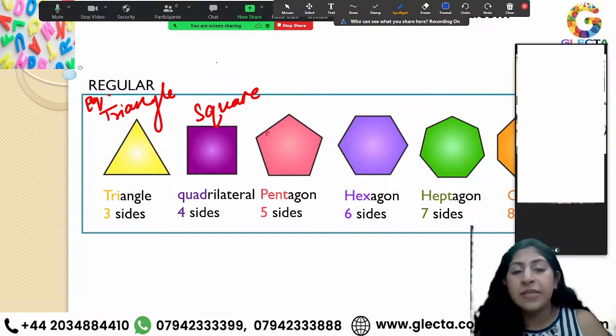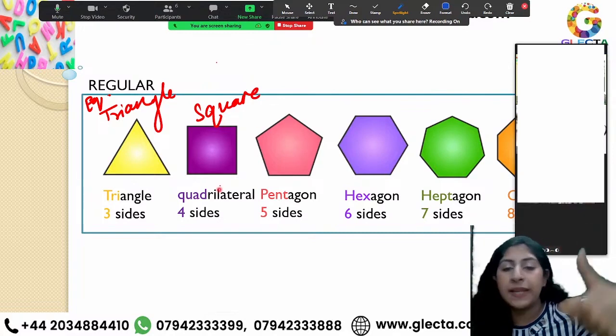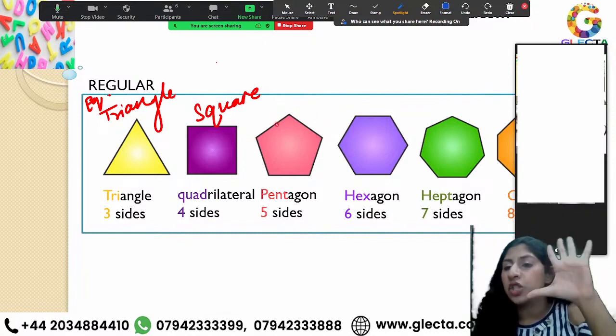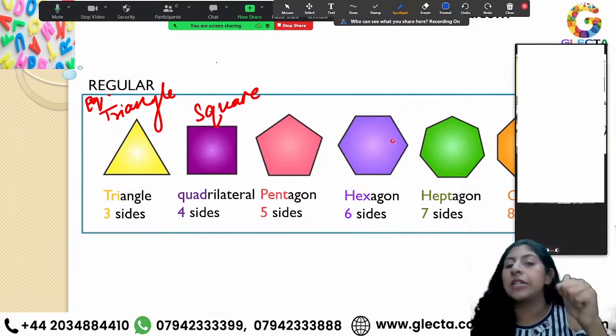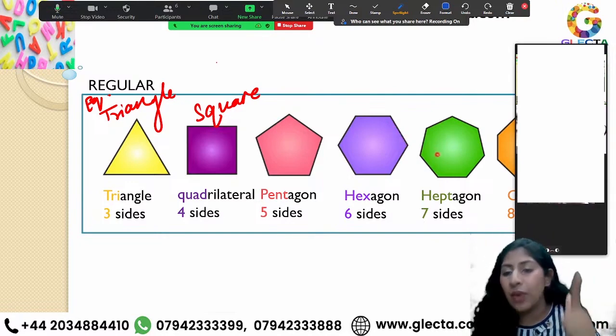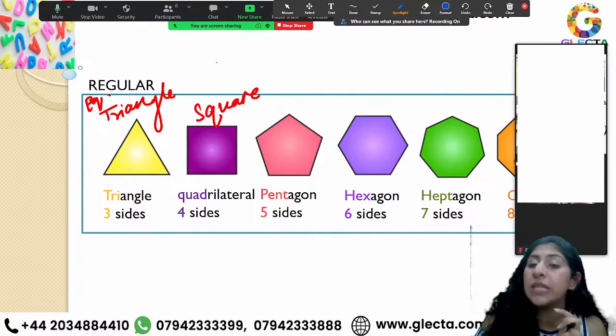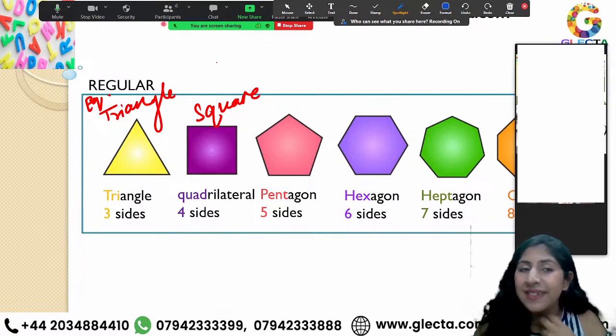Okay, so like I was saying, we have terms like regular pentagon, regular hexagon for the remaining, right? A five-sided shape is called a pentagon. A six-sided shape is called a hexagon. Then we have heptagon, we have octagon. Now I'm going to be asking, okay, Zainab, you tell me, what is a nine-sided shape called, darling?